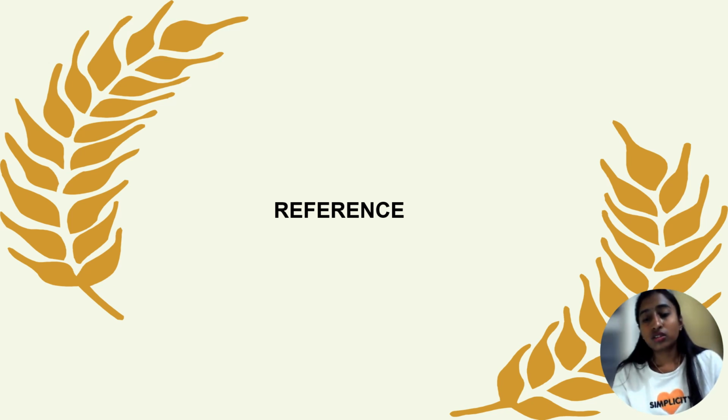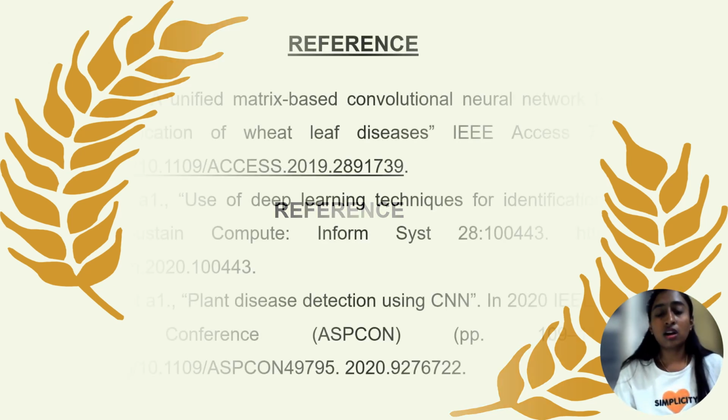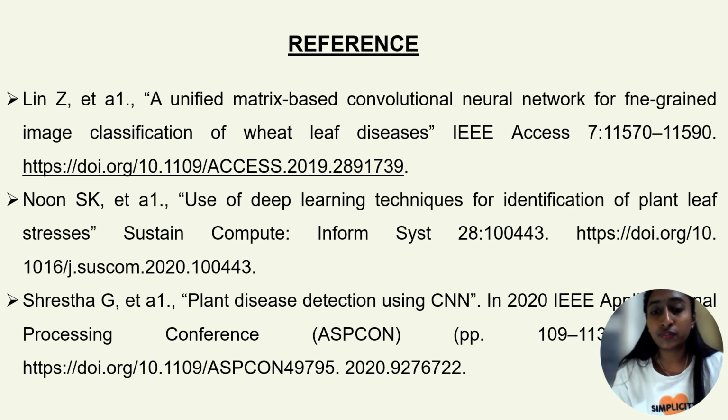References. These are some of the references which I referred. The first is Lin Z, a unified matrix-based convolutional neural network for fine-grained image classification of wheat leaf diseases. Next is Noon SK, use of deep learning techniques for identification of plant leaf stresses.